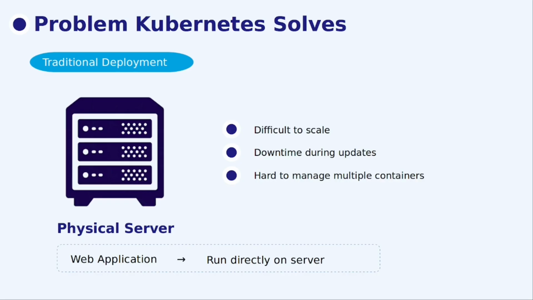Modern applications often use containers, but running many containers across many servers becomes difficult without a proper orchestration system. These challenges are exactly the problems that Kubernetes is designed to solve.